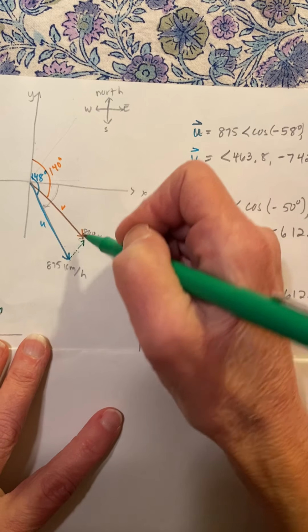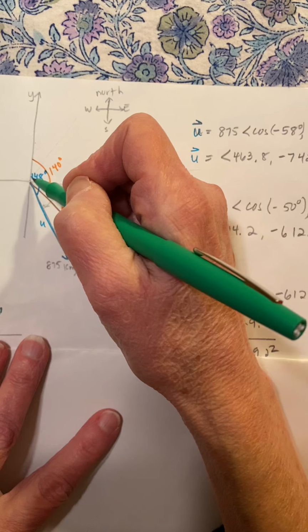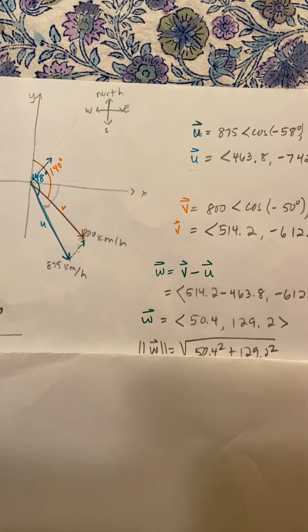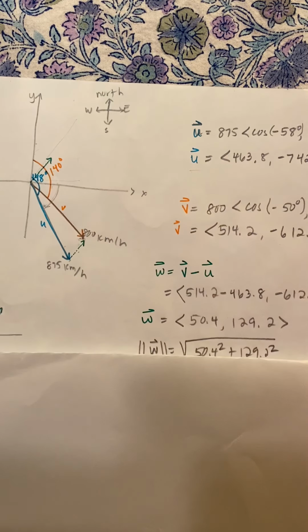I'm going to put the same vector that I just did in green up here with a starting point at the origin. So I'm going to draw it like that. And I think, how could I get to this endpoint using the two vectors I have?